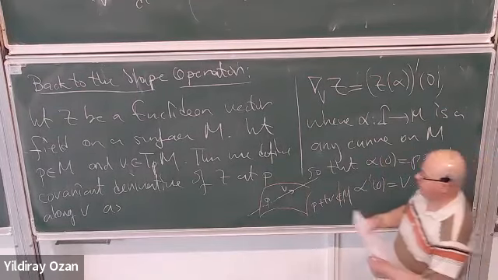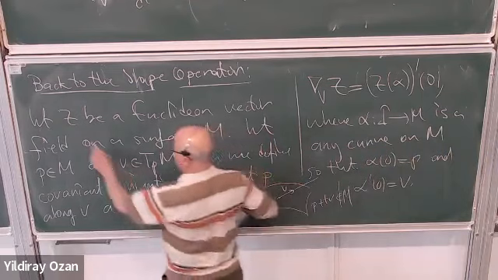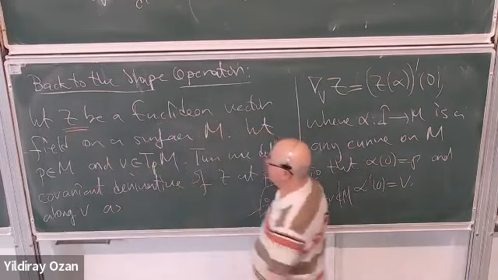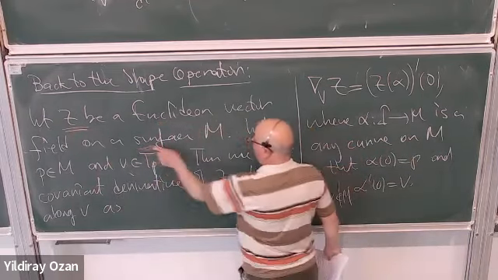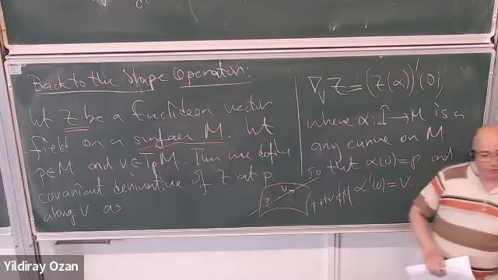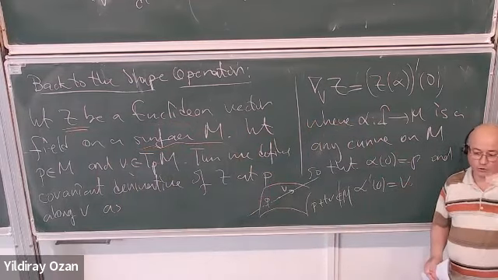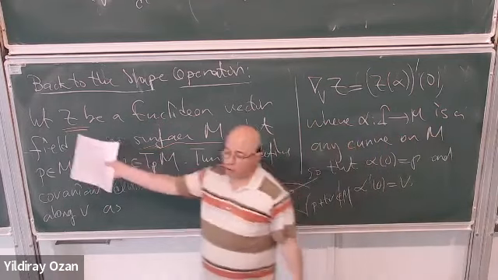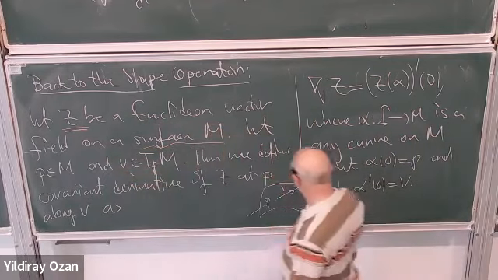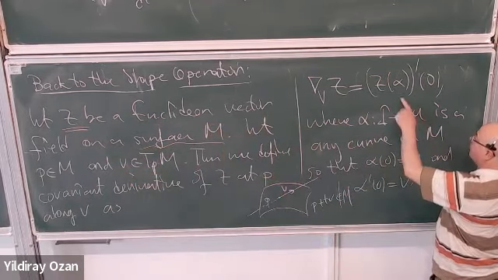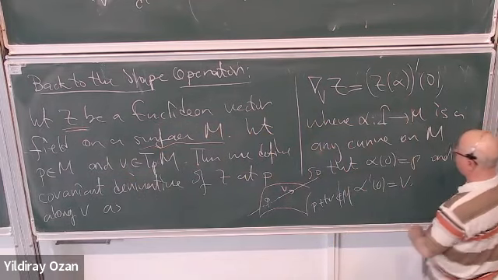Why is that? Because this vector field is defined on the surface. So if you move off the surface, then this is no longer defined. So I cannot make use of this gadget.